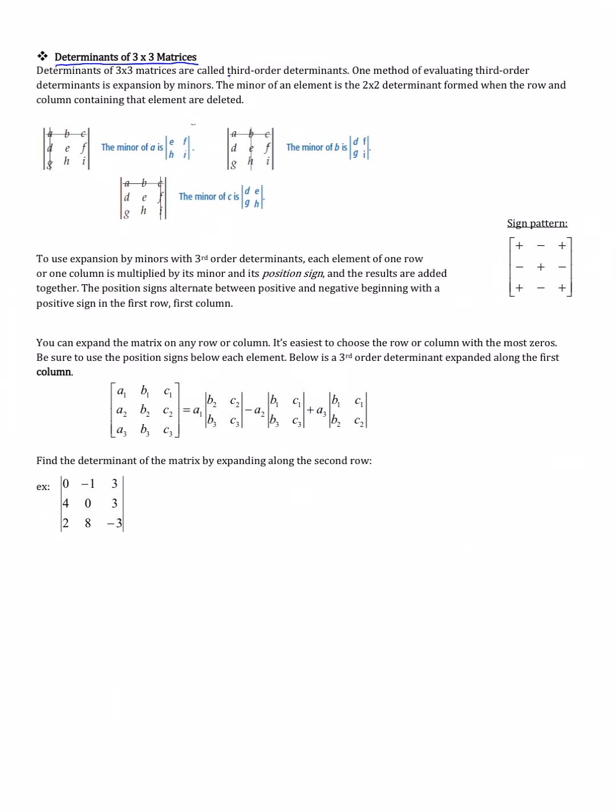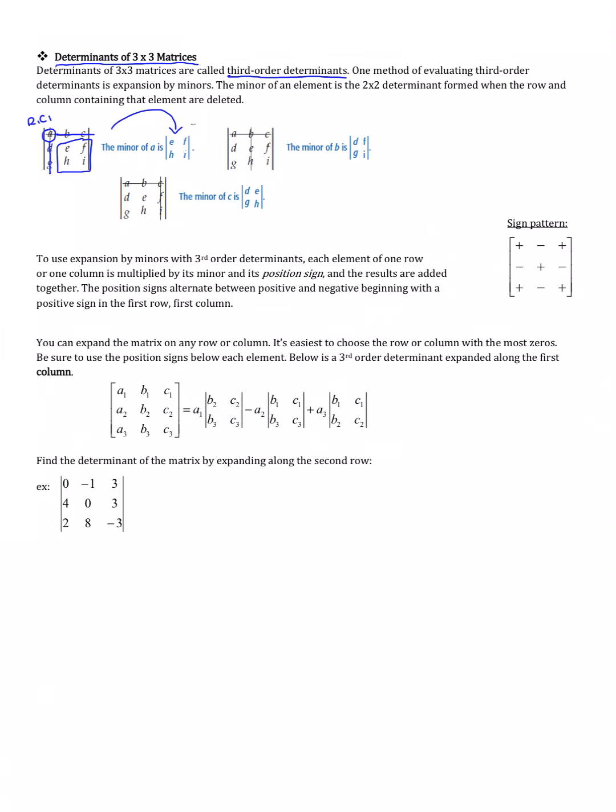All right, so we have to do a little bit of back talk before we get into this. These are called third order determinants, not something you necessarily have to really know. And the way you do it is an expansion of a minor. And you're like, what's a minor? Okay, so if I choose an element, this first element, row 1, column 1, after I choose that element, I cross out the row it's in and the column that it's in, and notice I'm left with this 2 by 2.